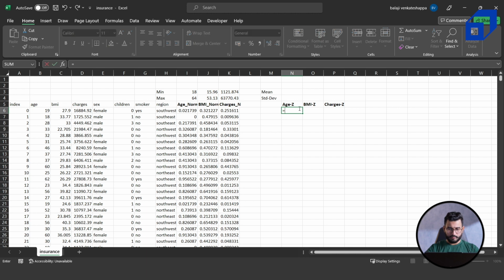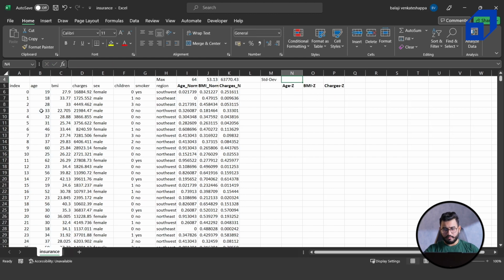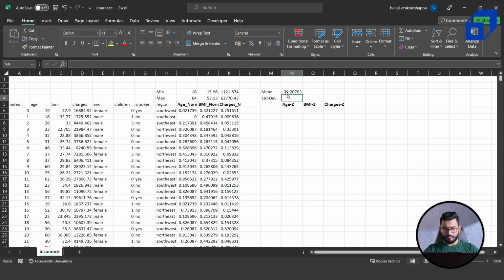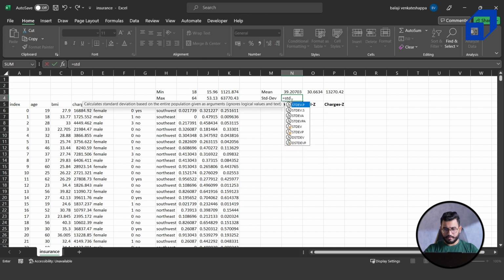First of all we have to calculate the mean, so is equal to average. I need the average of the age column. I will just extend this formula to the next two cells. Then I need the standard deviation, so I'll use the standard deviation of the age column.